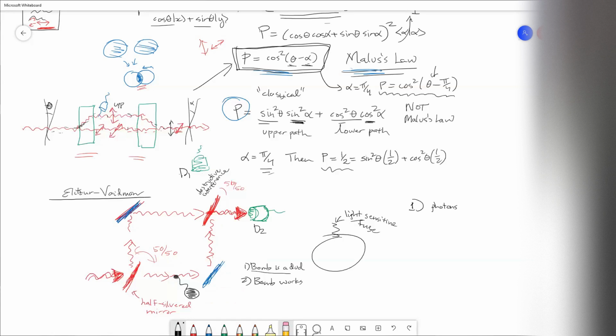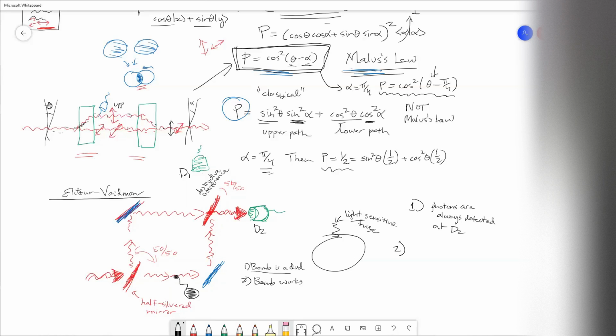And if it's a dud, then it's as if the bomb isn't there, right? The light-sensitive fuse doesn't work. The bomb is a dud, so the photon interferes between the upper and lower paths, and the photons are always detected at D2.